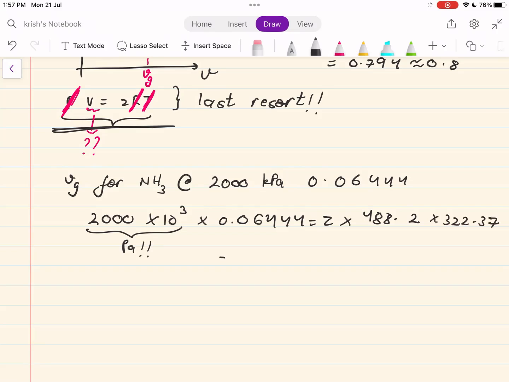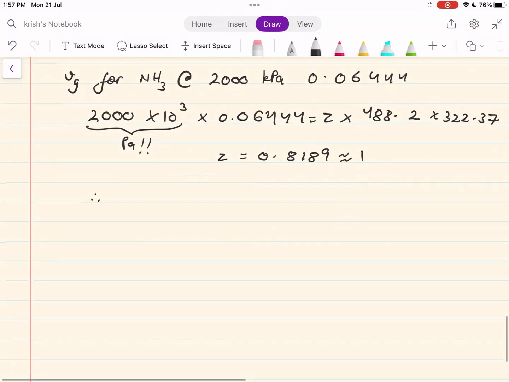So our Z comes out to be 0.8189, which is not very close to 1, but it's still close to 1. Therefore, we can assume it to be ideal gas.